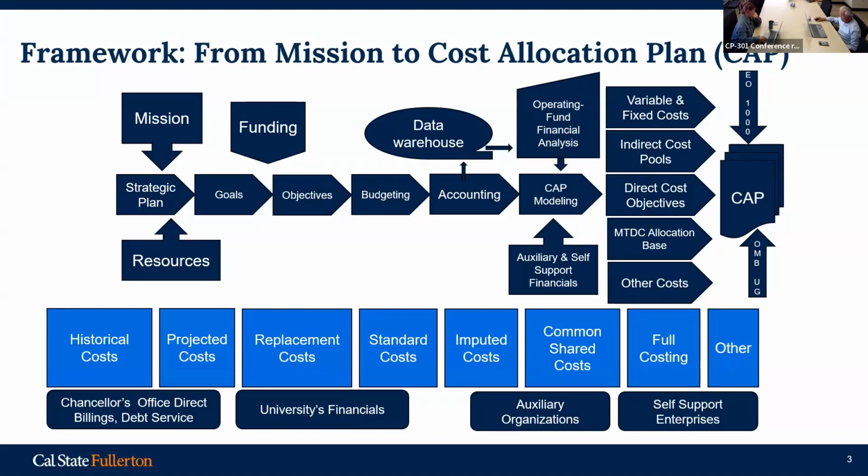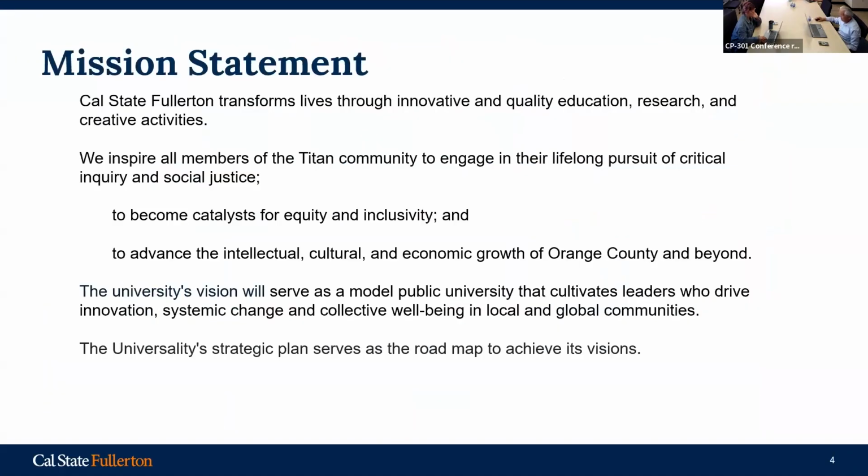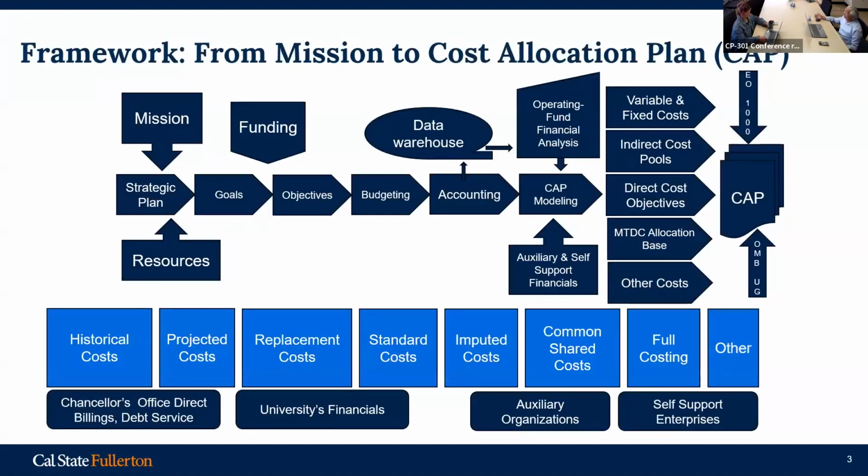So once you have this, then you have this auxiliary thing. You have the Chancellor's Office. We are part of the CSU system, so we also have costs that flow down to the university, to Fullerton, from the Chancellor's Office. And then we have the University Financials, which is the data warehouse that we use.